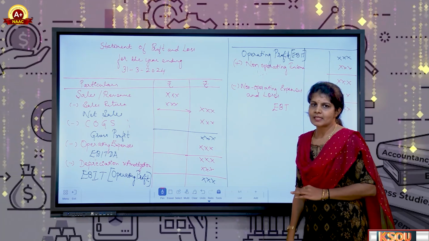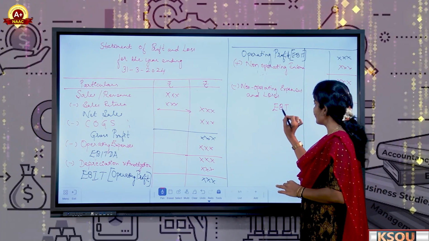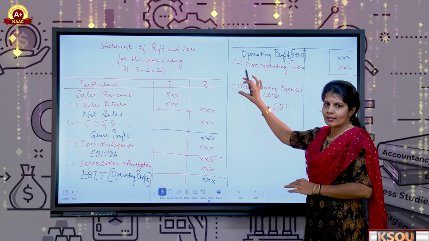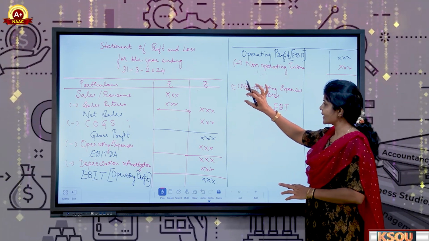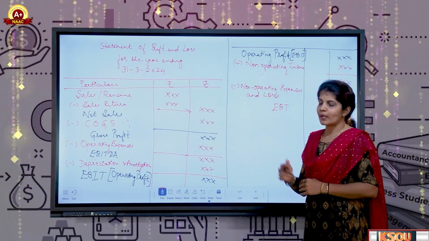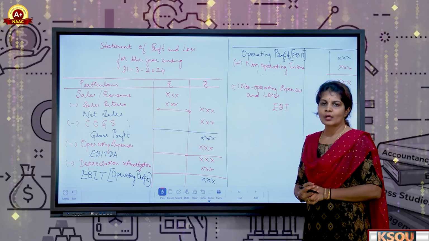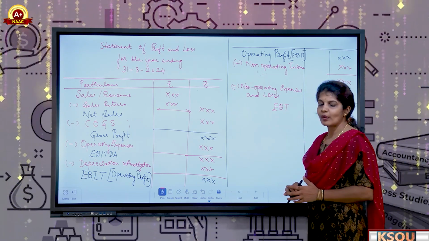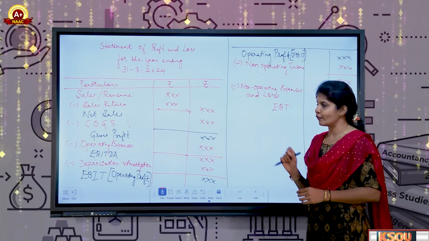What is this EBT? Earning before tax. We have deducted all the interest received or interest expenditure incurred, any interest payment, non-operating expenses and losses, everything we have deducted. After deducting, the balance we obtain is called earning before tax.